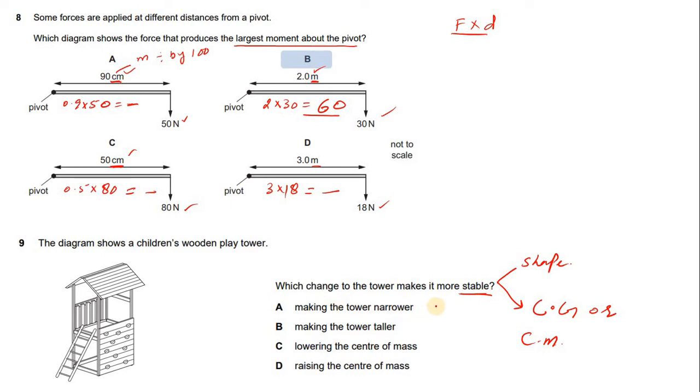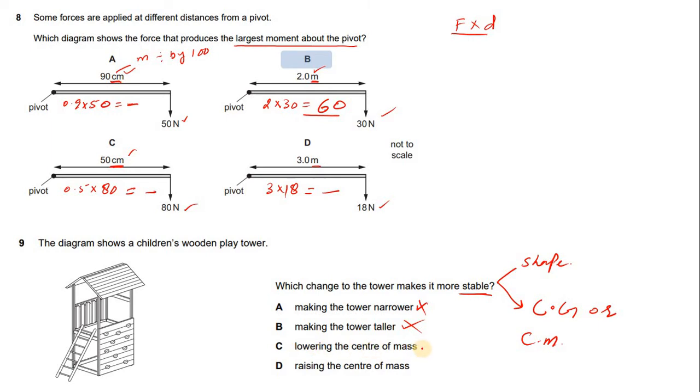If you make the tower narrower, of course a narrow object cannot stand for long, it will be unstable. So this is a wrong option. Making the tower taller is also not stable, it will fall, so it is wrong.